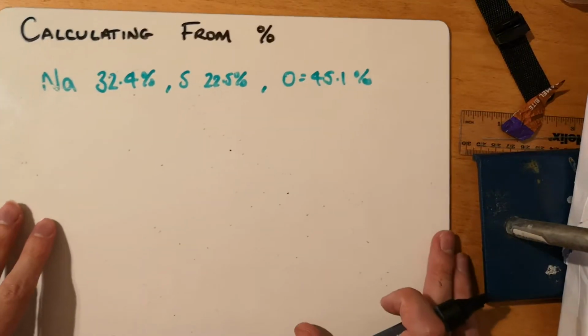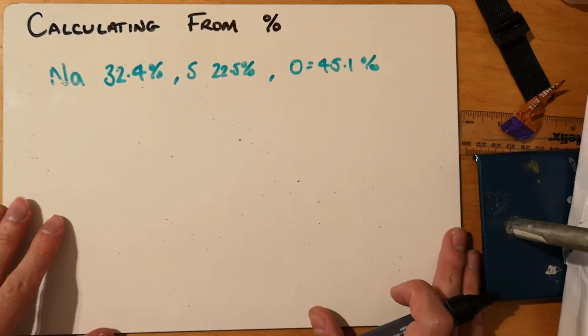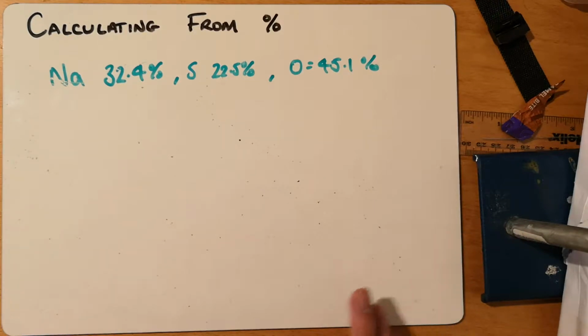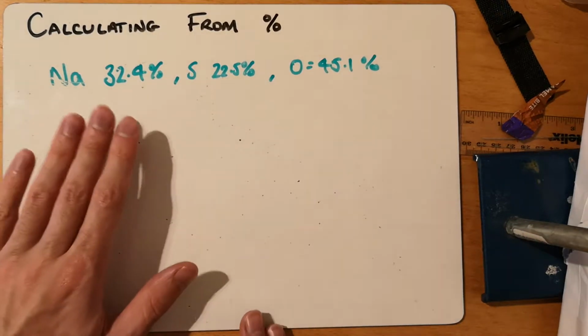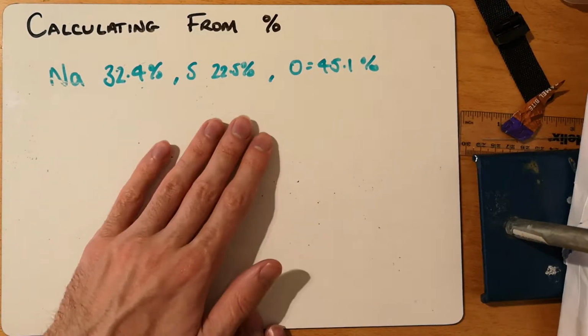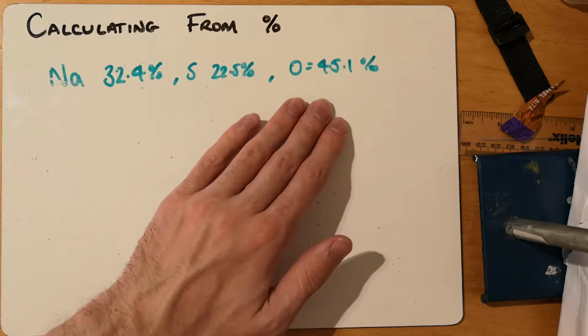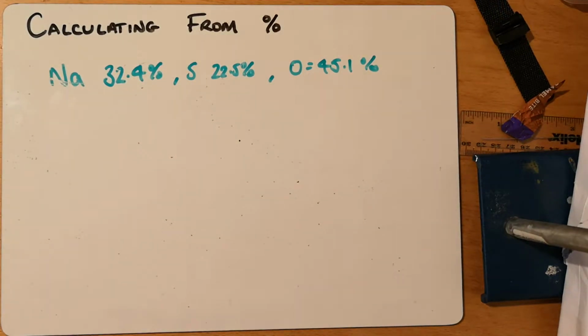Now we work out empirical formulas from percentage compositions. So in our analysis, we might be able to see that a compound is 32.4% sodium, 22.5% sulfur, and 45.1% oxygen. From these numbers, we can then work out what the empirical formula is.